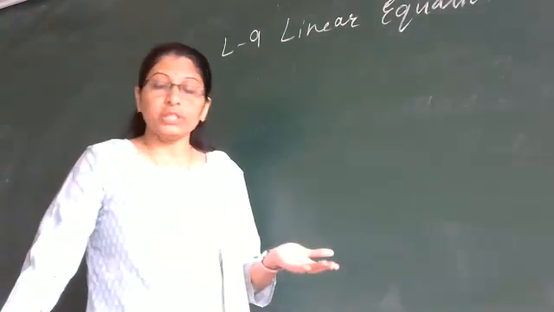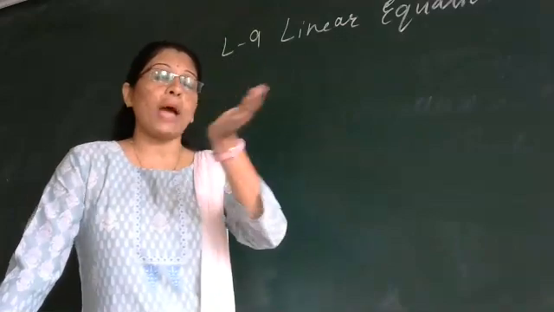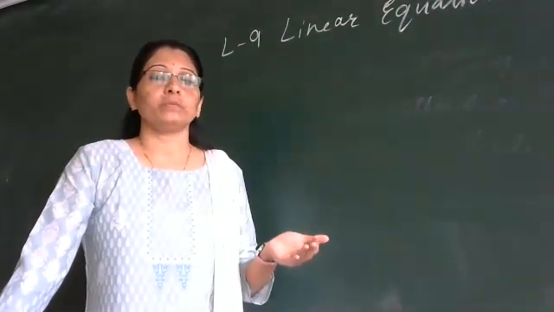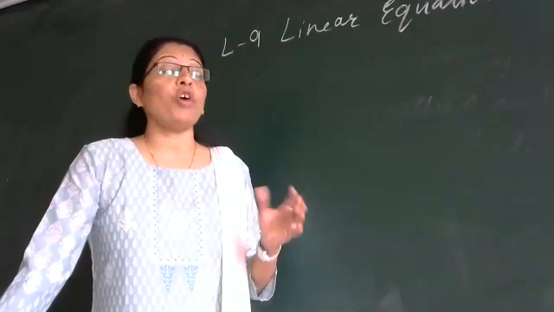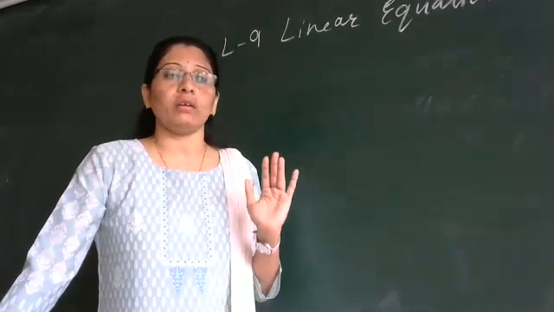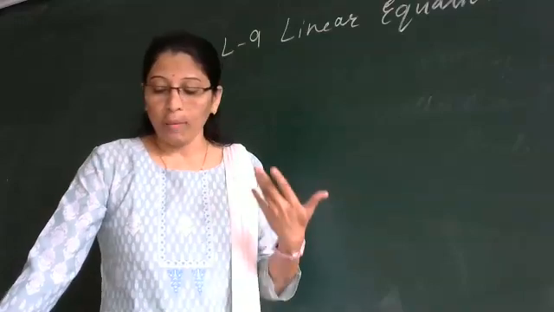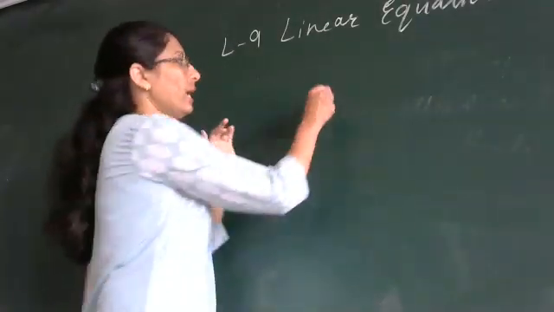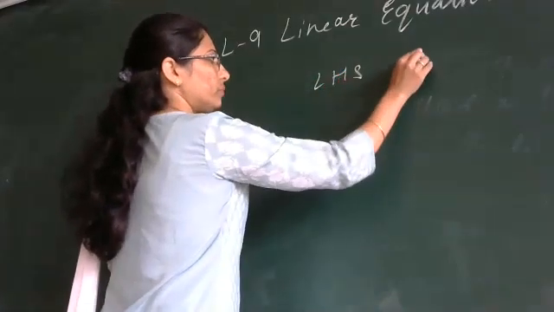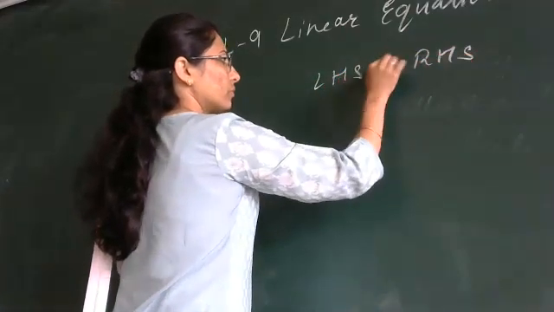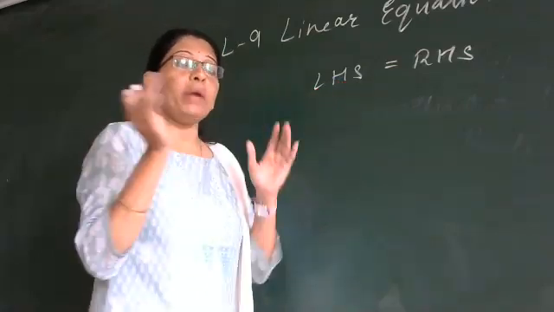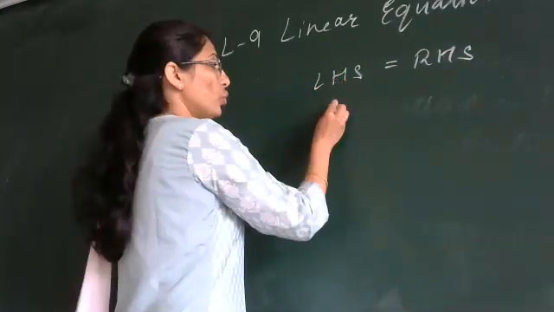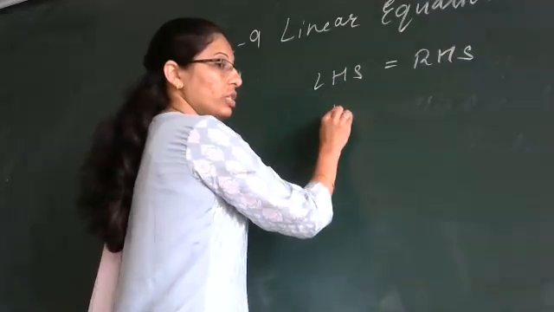Now which rules for balancing? Which rules can we use? Not the trial and error method. No, for balancing, not for solving. I am asking for balancing the linear equation, LHS and RHS, to make them equal. To make them balance, which rules can we use? Addition.